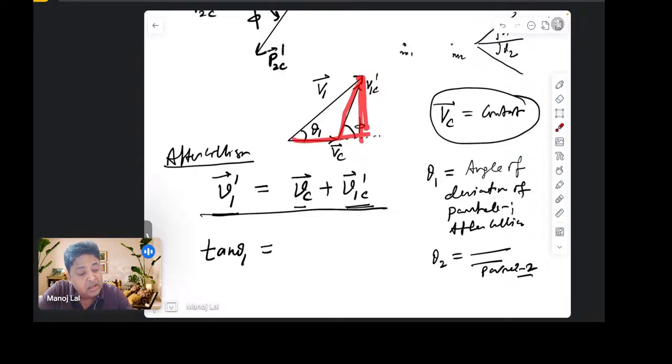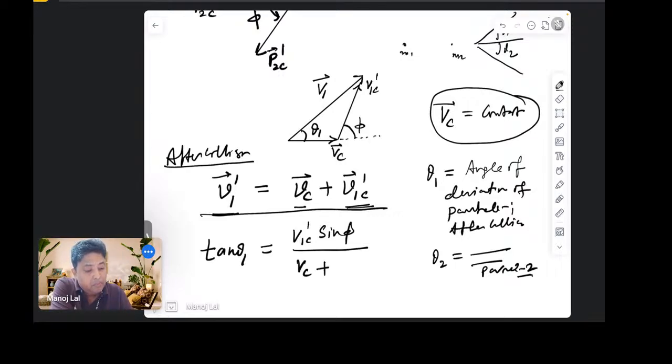This is V1 dash C sine phi, divided by V1 dash C cos phi plus VC, right?